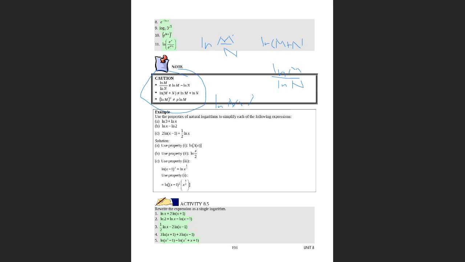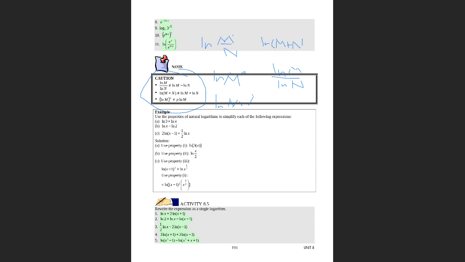Okay, good. Then last one. When you have ln m, all exponent p, it's not the same as bringing the p forward. It is only when it is like this, ln m exponent p, that's when you can bring the p forward.